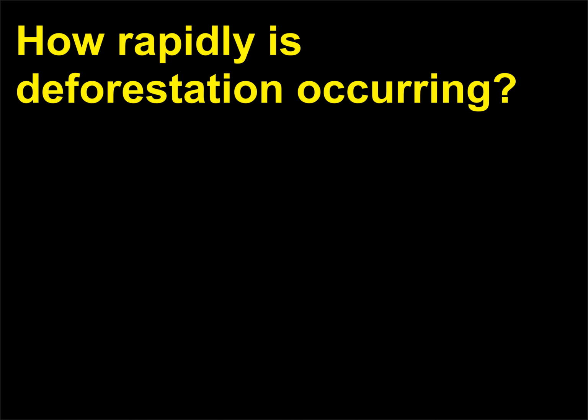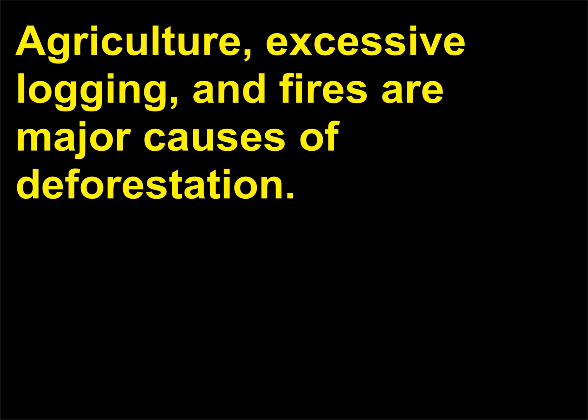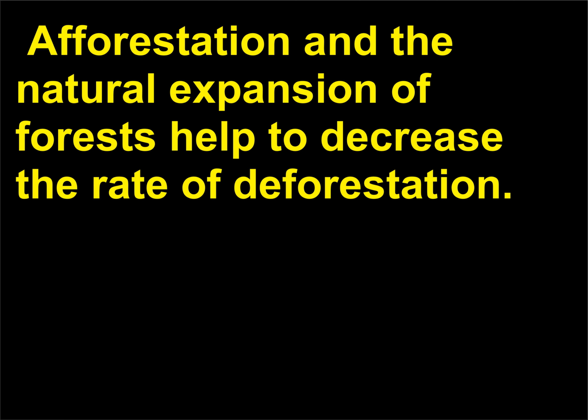How rapidly is deforestation occurring? Agriculture, excessive logging, and fires are major causes of deforestation. Afforestation and the natural expansion of forests help to decrease the rate of deforestation.